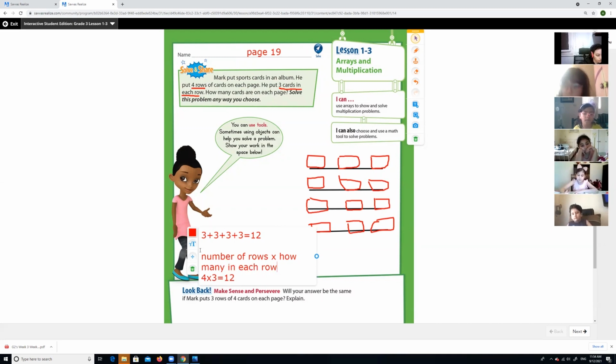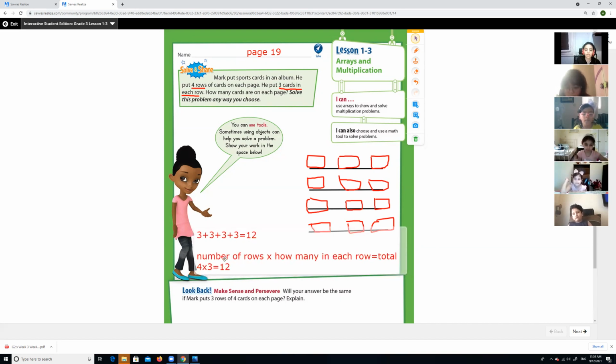To write a multiplication equation, we use the same concept: number of groups times how many in each group, number of jumps times how many in each jump, number of rows times how many in each row.